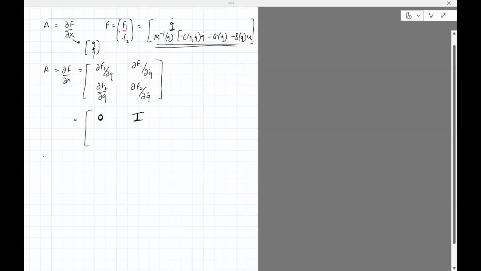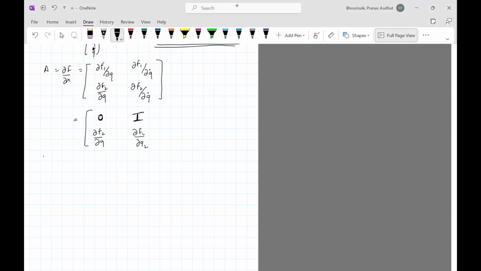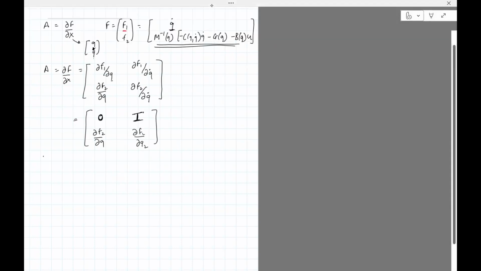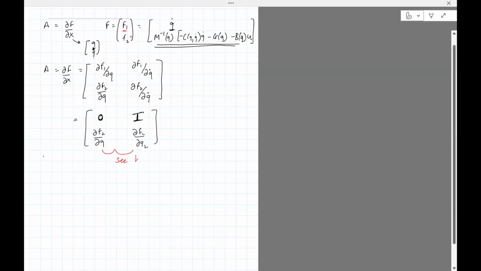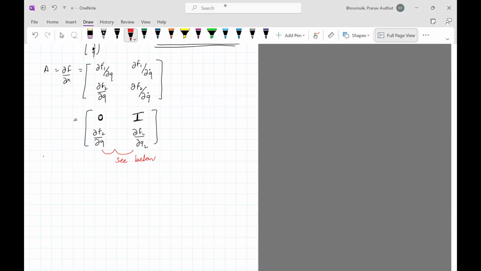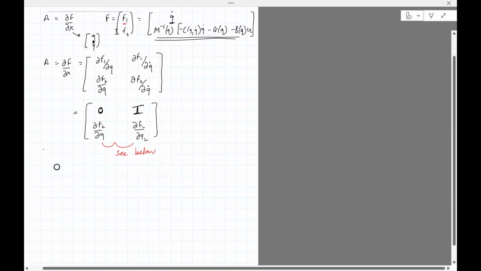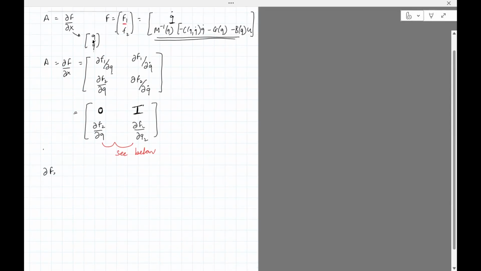So if I do, let me write it as is, and then let's do it below. I need to do d dq of f2.